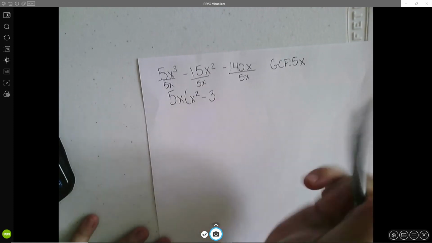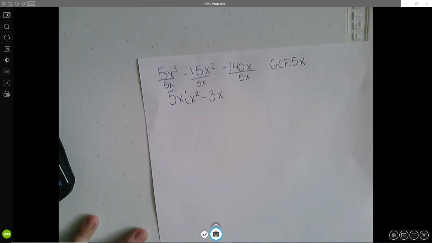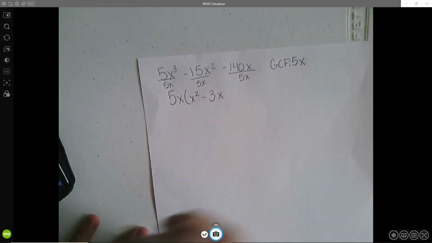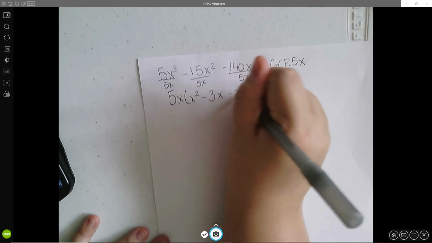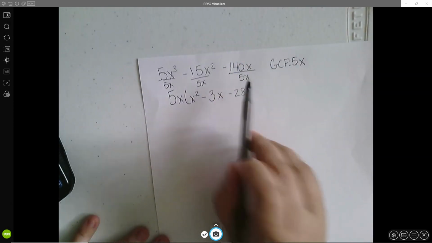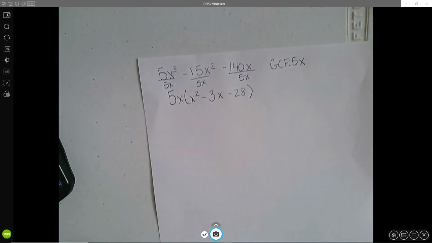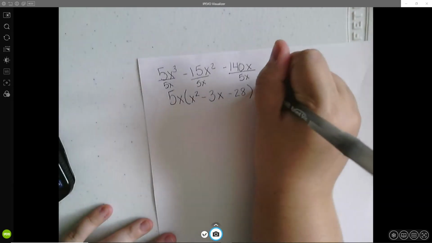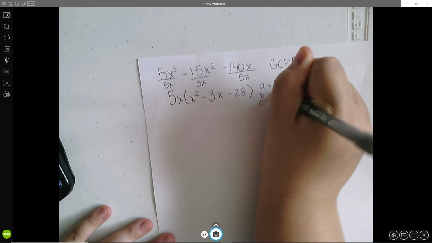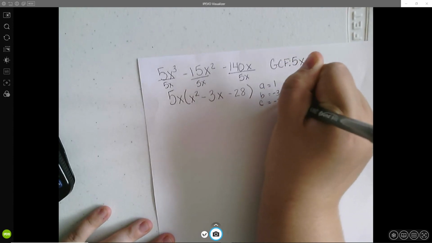I took away 1, so I'm left with 1. -140 divided by 5 is -28. I had 1x, I took away 1x, so I don't have any. So now I'm going to list the factors A, B, and C. A is 1, B is -3, C is -28.